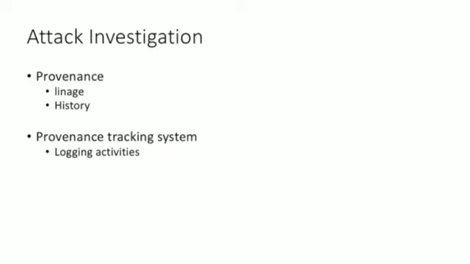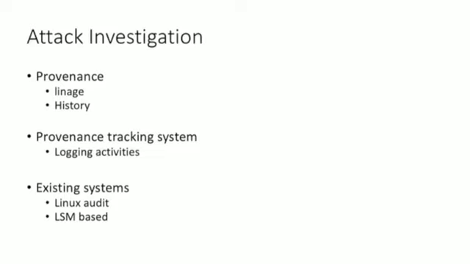A provenance tracking system will log all the activities on your system. Windows, Linux, or even the Android platform all have provenance systems logging the processes and objects like files and sockets activities.